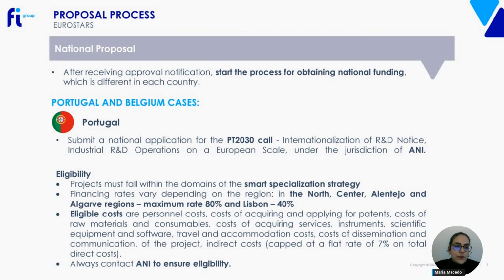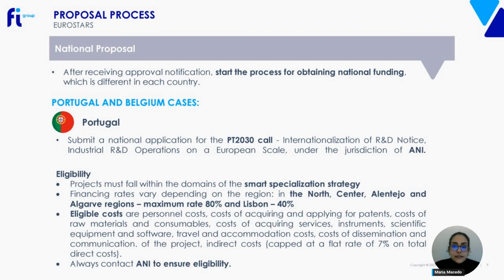Of course, we always advise that applicants know these rules and are familiar with these rules and processes before even starting the international application. But in any case, this would be the second stage, the national stage.